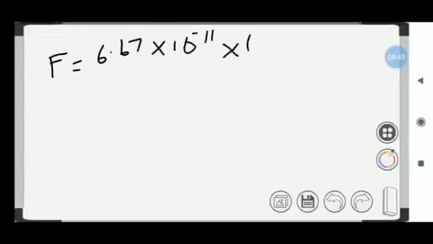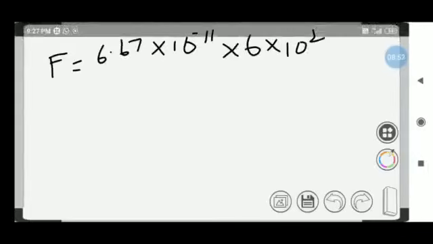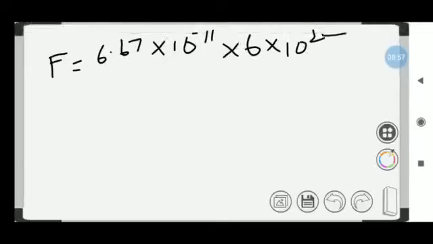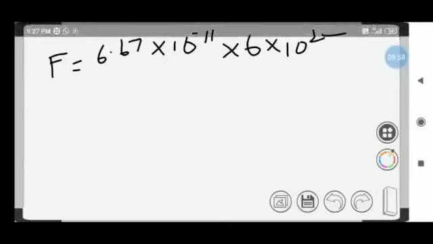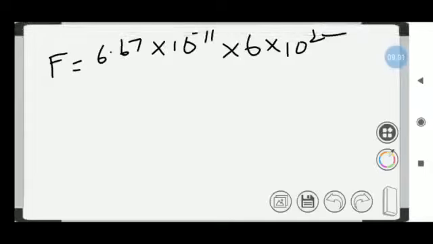Okay, so F equal to 6.67 into 10 to the power minus 11, and into 6 into 10 to the power 24, into 1 means same value will come.